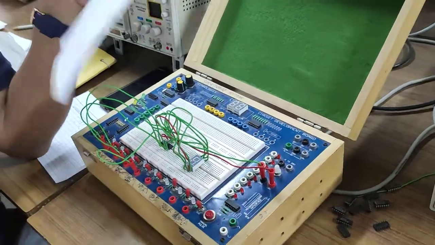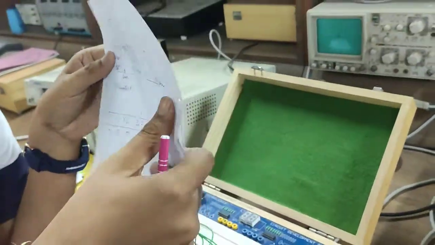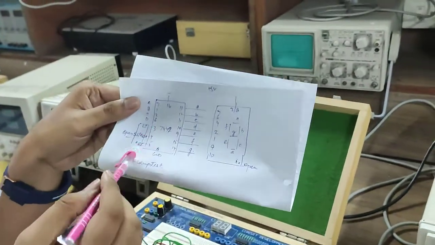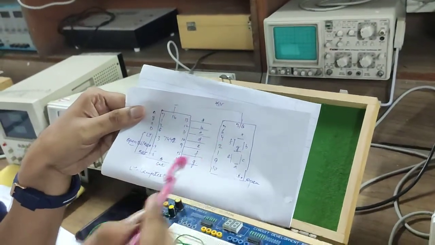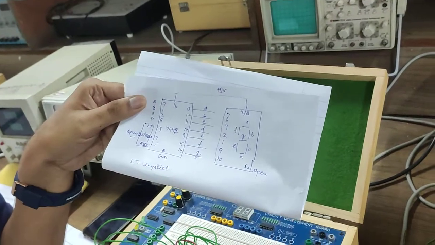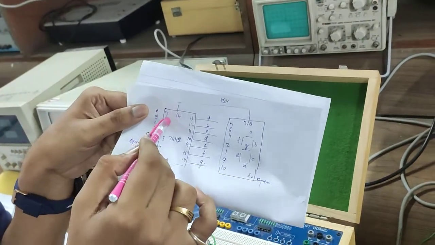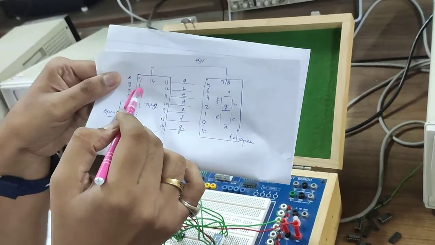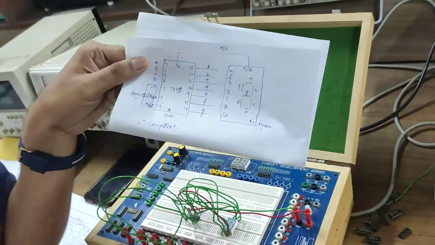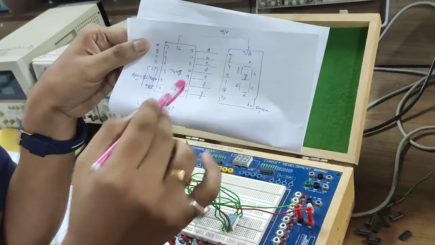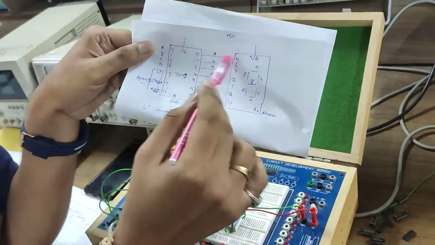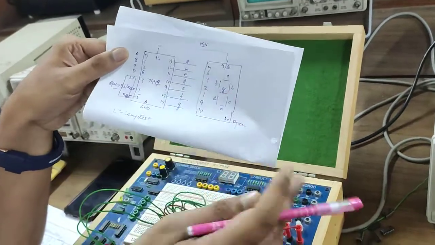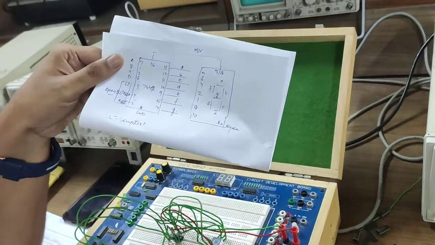All the connections have been done according to our explanation earlier, as I demonstrated over the blackboard: these 4 pins of IC 7447, that is 7, 1, 2, 6, will be associated as input terminals, and the other pins are the output pins, which are connected with the 7 segment display.